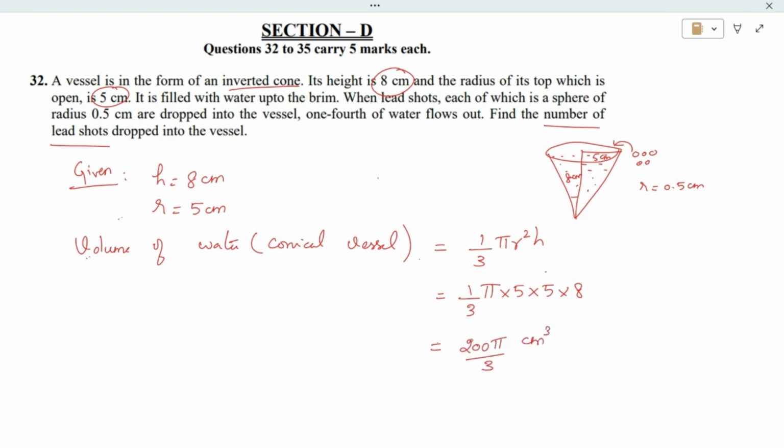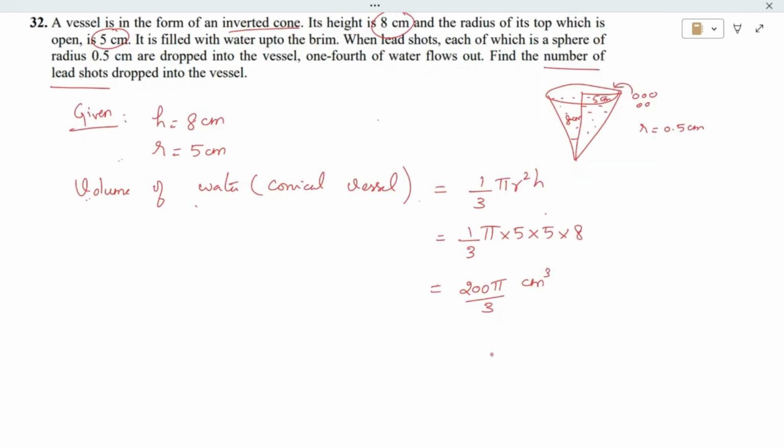Why do we need to find the volume of water first? Because after adding the lead shots, some part of the water flows out. So they said 1/4 of the water flows out. So 1/4 of the volume of water is going to be the volume of lead shots added.